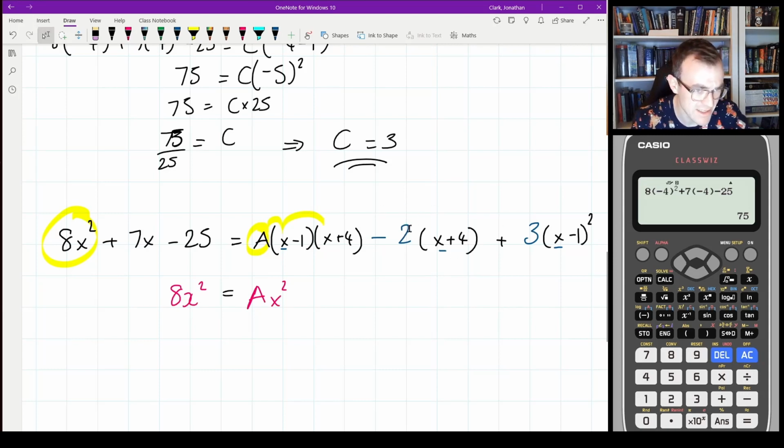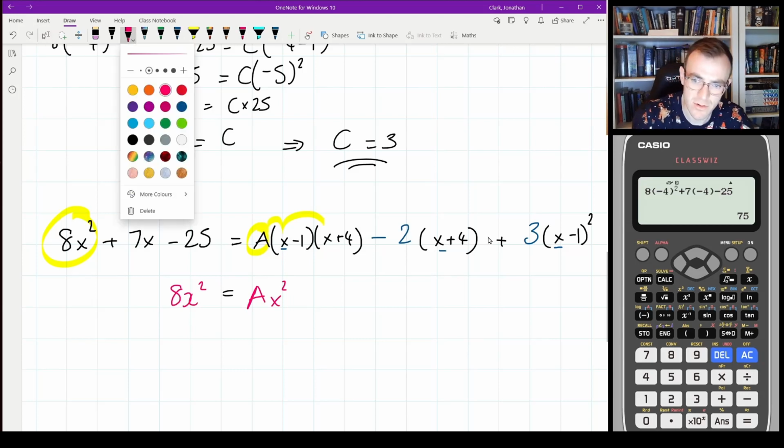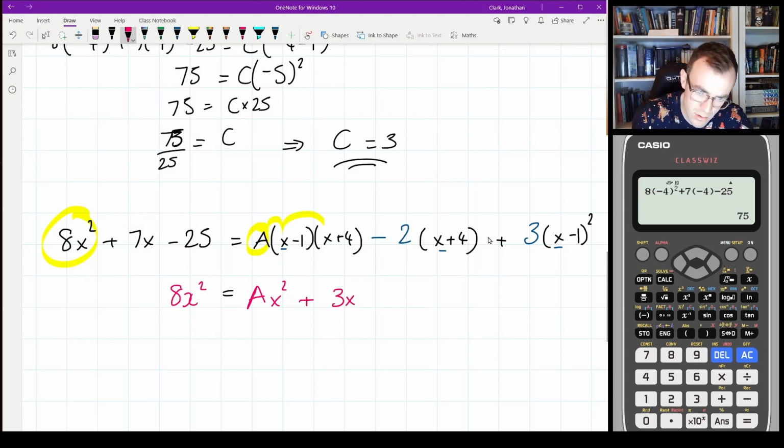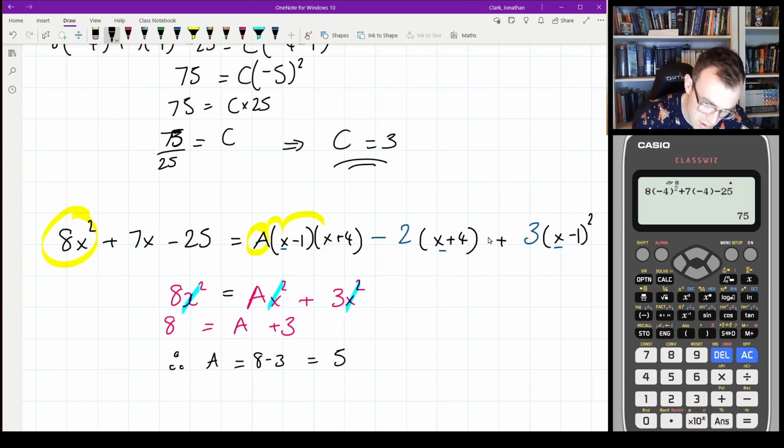There would just be x's and numbers. This last bit, you'd get 3x squared from. Then you can ignore the x squared part, and I'll just solve this equation. You can take the 3 over and you get that a must be 5. Cool.